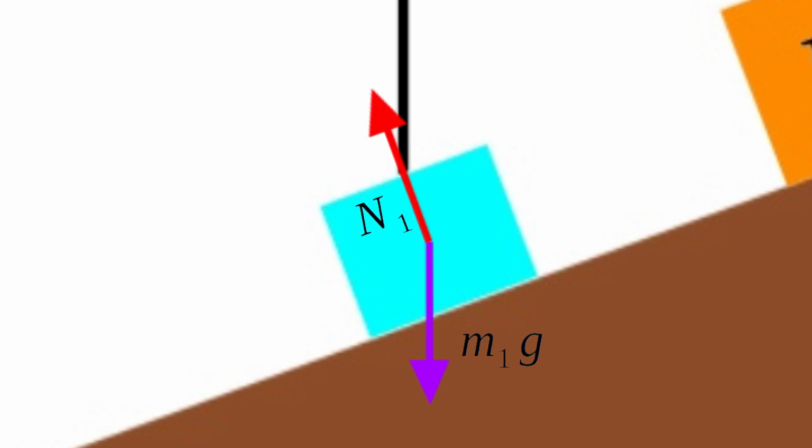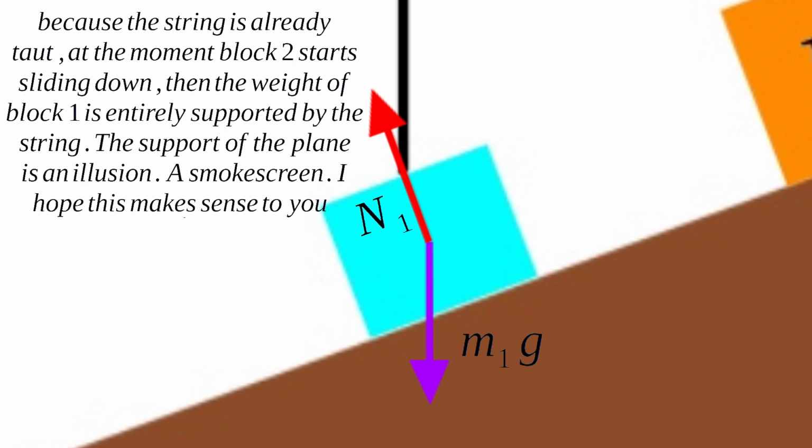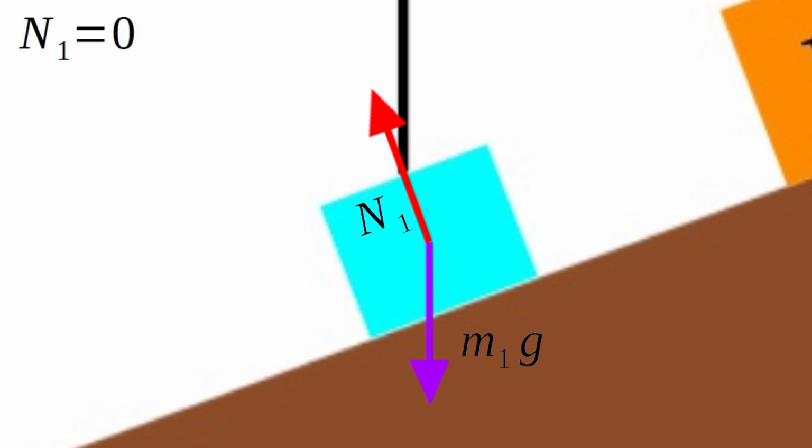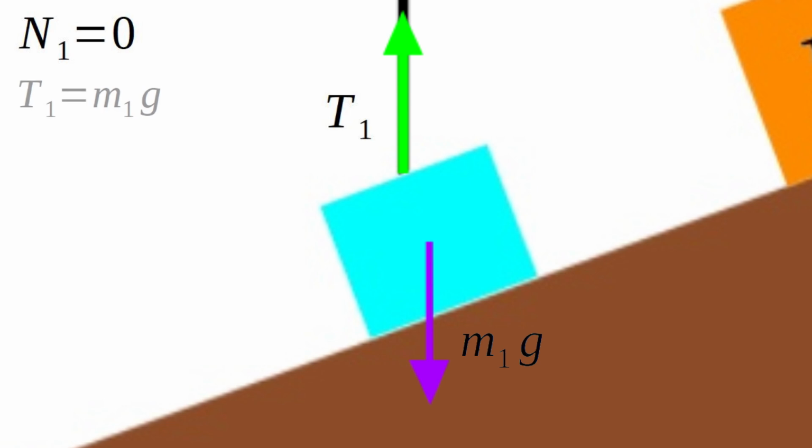The block seems to be partially supported by the plane, but since we're looking for the maximum mass block 2 can have before sliding down, we know the attempted motion of block 2 is downwards, and when block 2 starts moving downwards, then block 1 starts moving upwards. So just when block 2 starts sliding down, the weight of block 1 is entirely supported by the string. So N1 equals 0 at the moment block 2 starts sliding, and T1 equals m1 times g. Okay, we found T1.